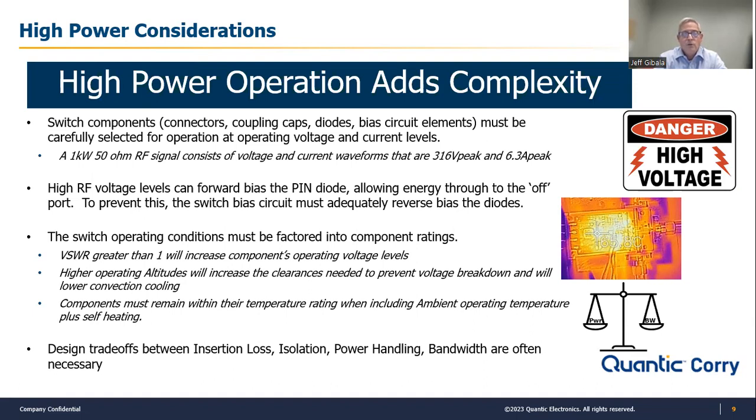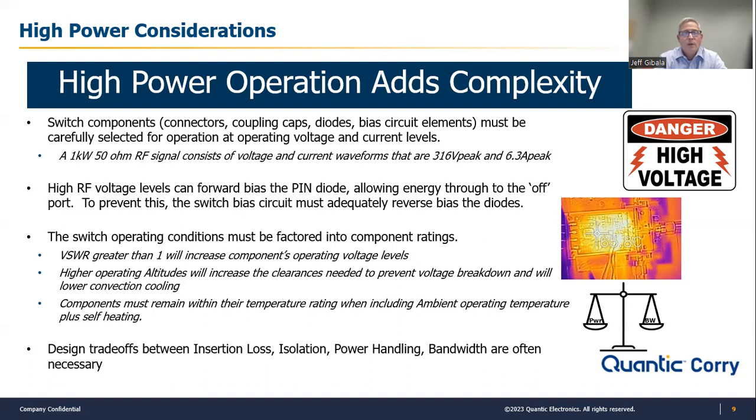So, a VSWR greater than 1 will increase the component operating voltage levels. Operating at higher altitudes will require the switch to have clearances to prevent voltage breakdown and will lower convection cooling.